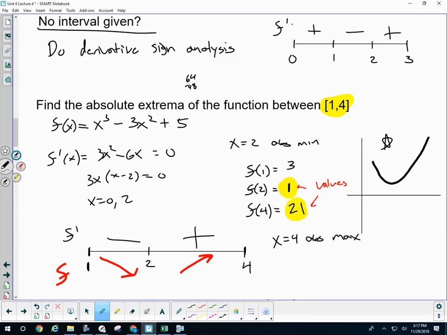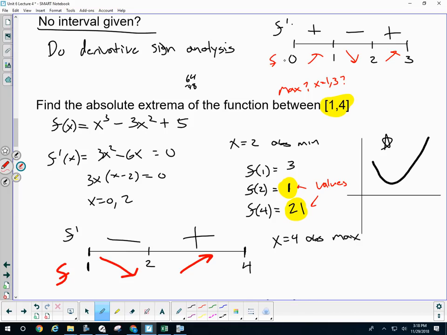Which ones could be maxes? 1 and 3, right? Because I know from 0 to 1, f is going up. And then from 1 to 2, f is going down. So 2 is not going to be bigger than 1, I know that. But from 2 to 3, I'm going up. So the maxes are either 1 or 3.